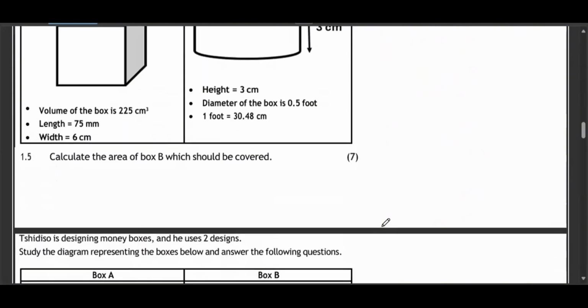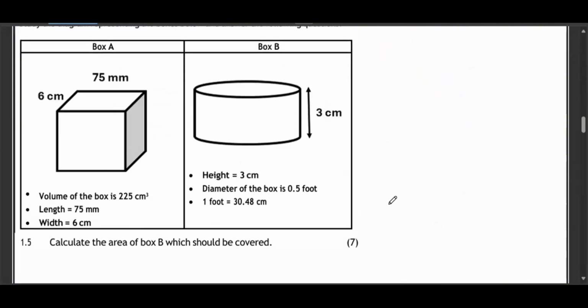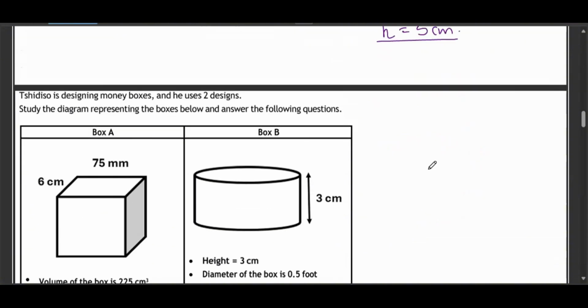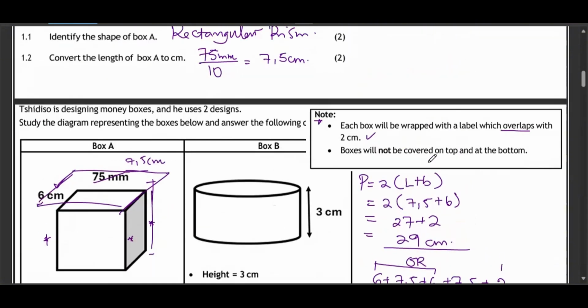1.5. Calculate the area of B, which should be covered. Now, remember they said here in this note, the boxes should not be covered on top and the bottom.